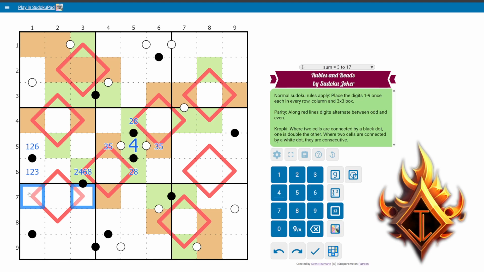Can those still be even? As long as these were one of each as well, so they would be the opposite pair of that one. I think that would be okay though.